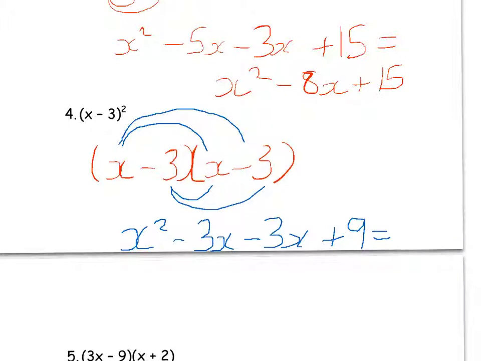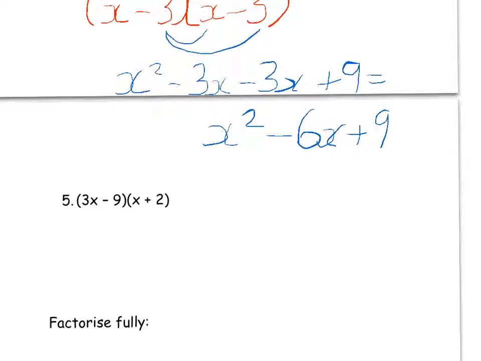So, collect together the like terms: we've got minus 3x and minus 3x, so that becomes minus 6x. There we go, there's our final answer. The first step with this question is to write it out again in full. So x minus 3 squared means x minus 3 times x minus 3.